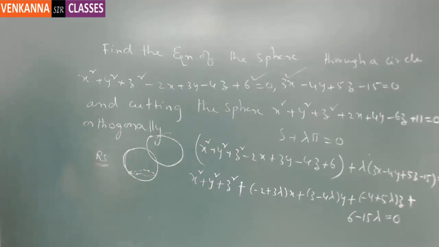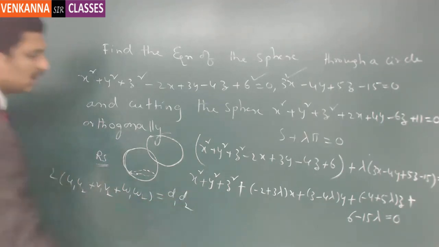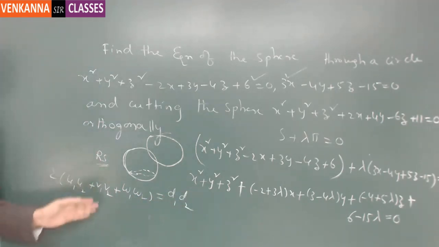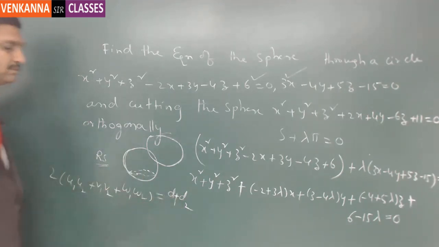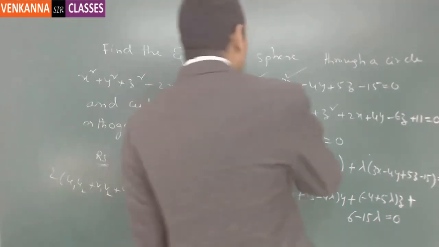Because whenever two spheres intersect orthogonally, the condition we have to use is 2(u1u2 + v1v2 + w1w2) = d1 + d2, where d1 and d2 are nothing but the constants in the spheres. So this is one sphere in the problem given there.